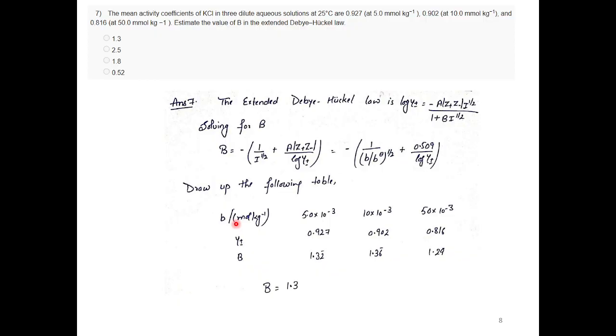So how will you get this b value? Log of the mean activity coefficient gamma plus minus equals minus A z plus z minus root I by 1 plus b root I, right? This is very standard.